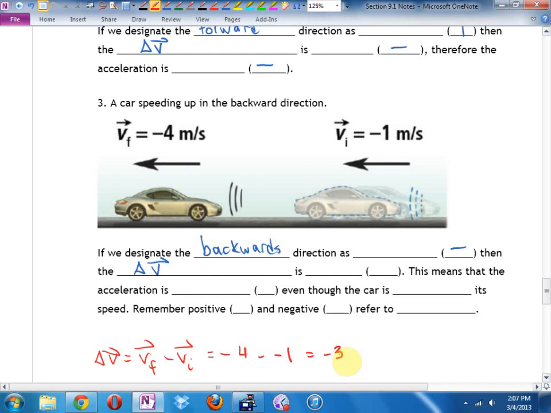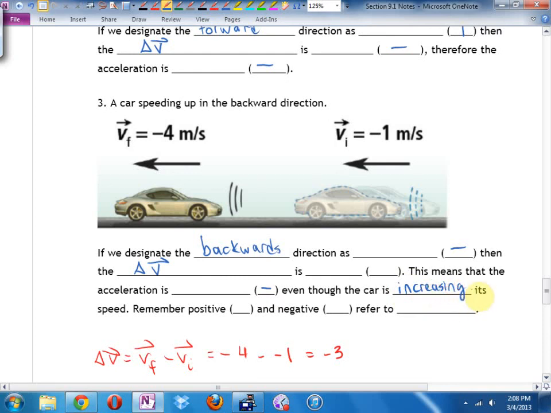Yeah, this works. I'm looking at the wrong example here. Pardon me? There is a minus minus right there, so a minus minus is a plus. It's really negative 4 plus 1, which is still negative 3. Yes? We would say this means that the acceleration is negative even though the car is increasing its speed.